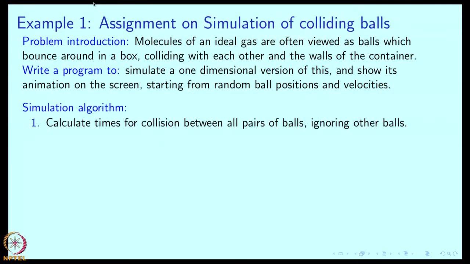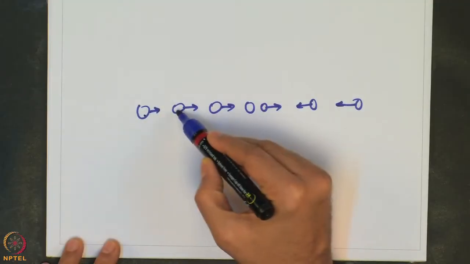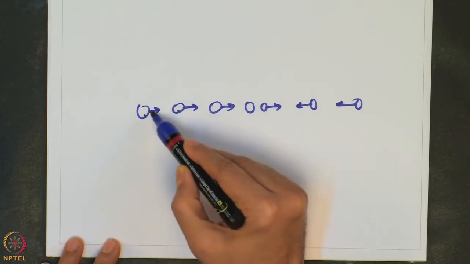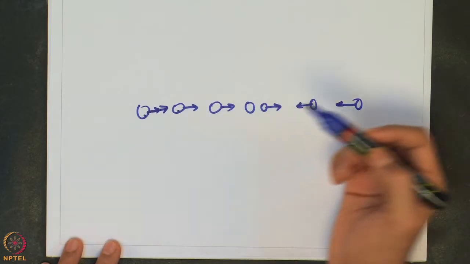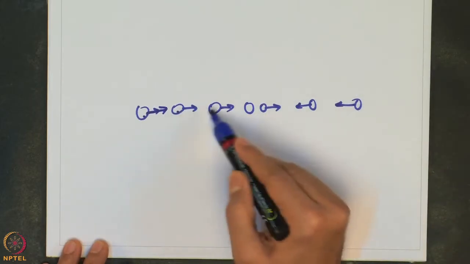So the algorithm goes something like this. We first calculate the times for collisions between all pairs of balls, ignoring other balls. Okay, so for example, in this picture, we might say that, look, potentially this ball and this ball can collide. So that will happen if this velocity is larger than this velocity. And in this case, at what time will they collide? Similarly, we can ask, what about these two balls?